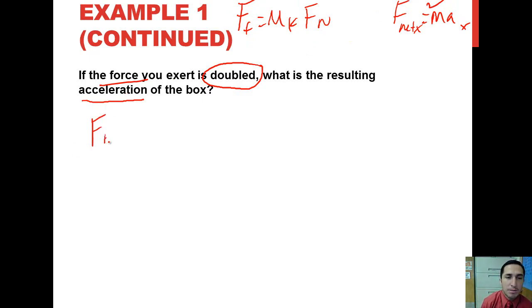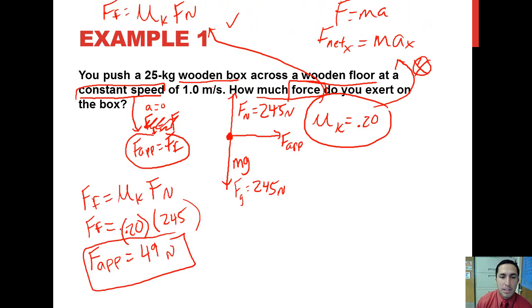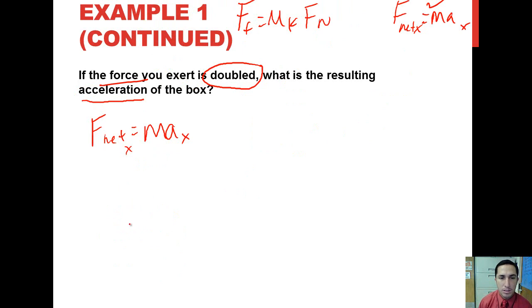So we have F net equals mass times acceleration in the x direction. And we're going to get the information from the last problem, because if the force was doubled, let's use the stuff from the last problem. What's the mass? The mass of this object is 25 kilograms. So we're going to write 25 kilograms, or 25.